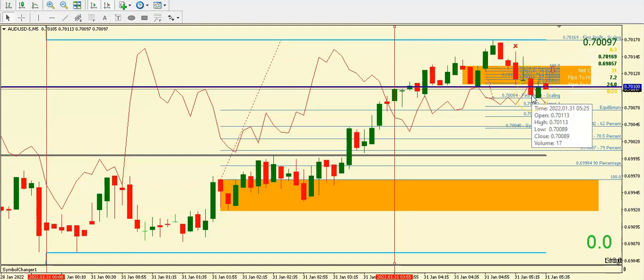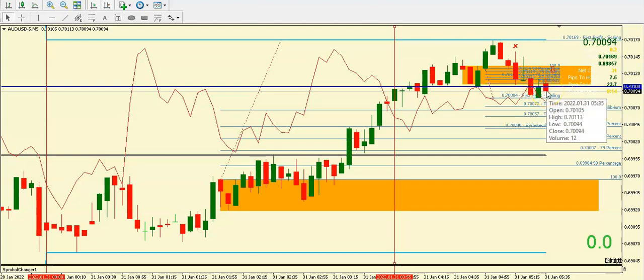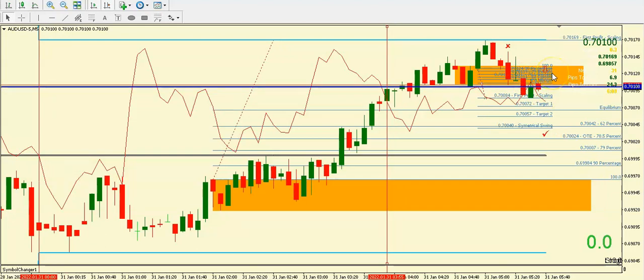Real quick before I leave, the high is 113, open also. And the high is 113. So it just came and tapped this to be exact, and turned around. So my order didn't get in up here.